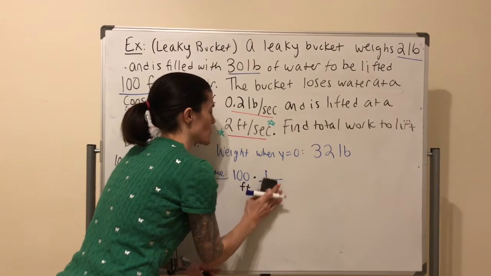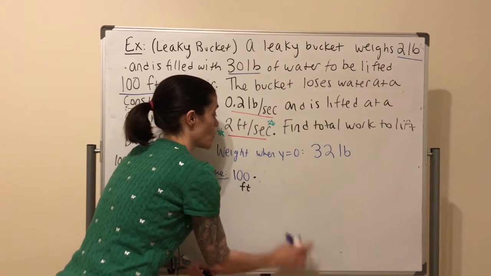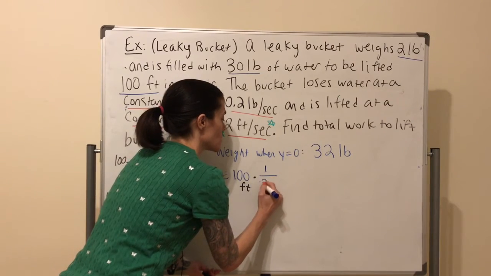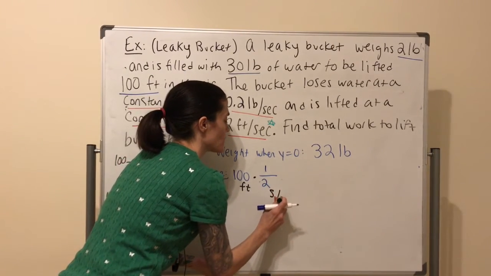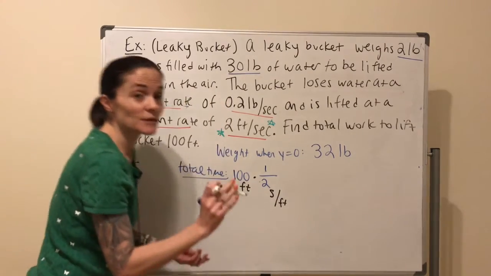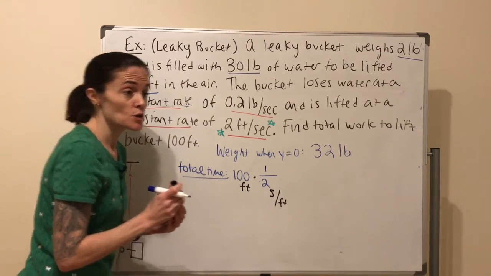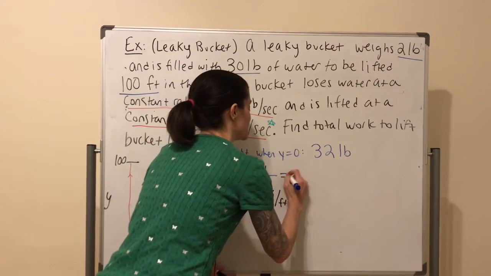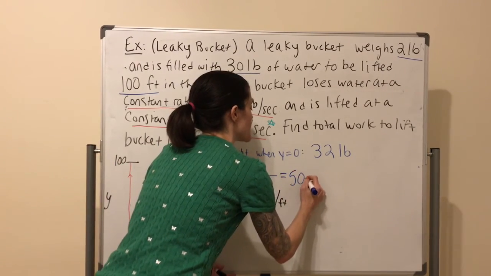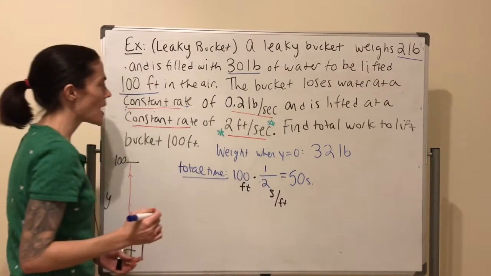Let me write it to where it looks kind of like the other one. It would be 1 second every 2 feet, and this would be in seconds per feet. And now you see if you multiply these two, it gives us total number of seconds, which is 50. So it takes me 50 seconds to get to the top.